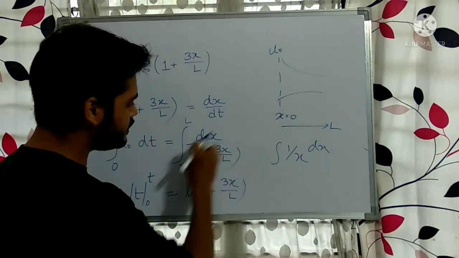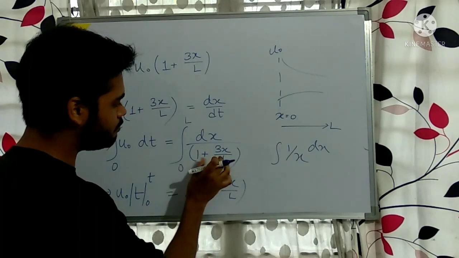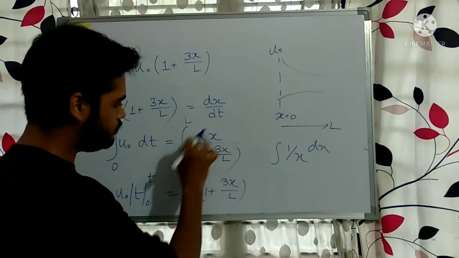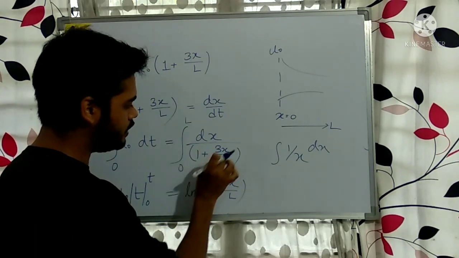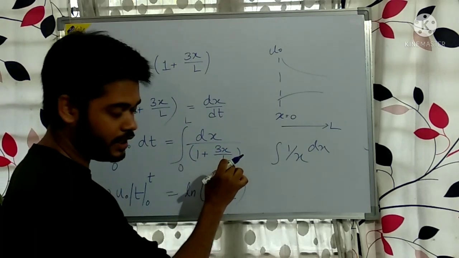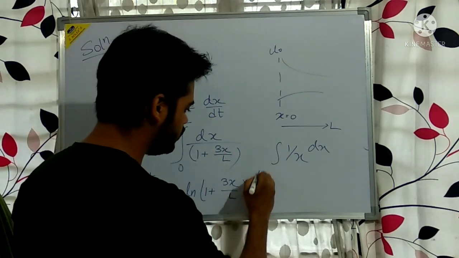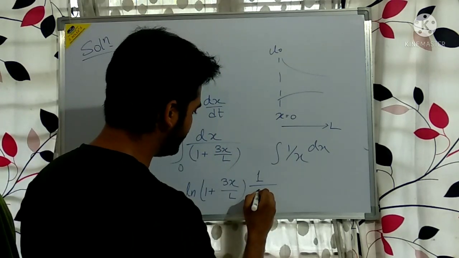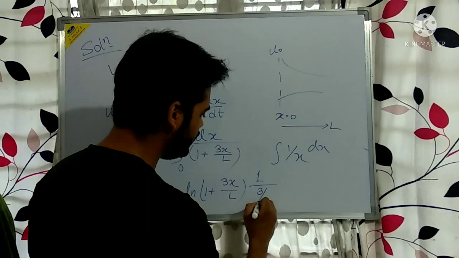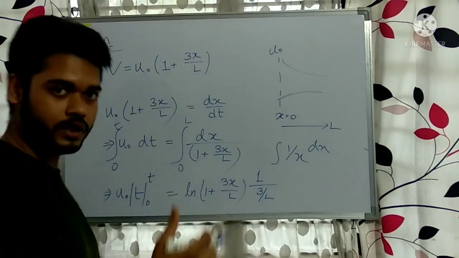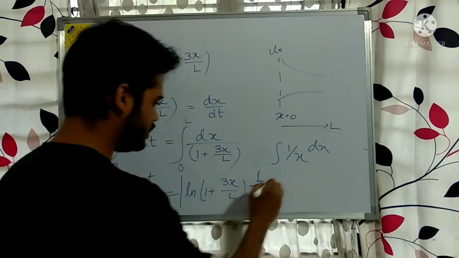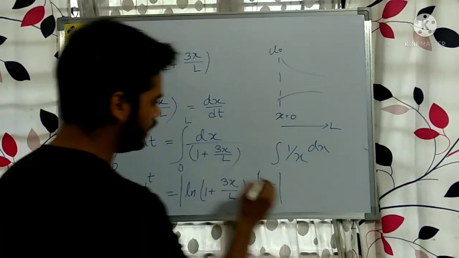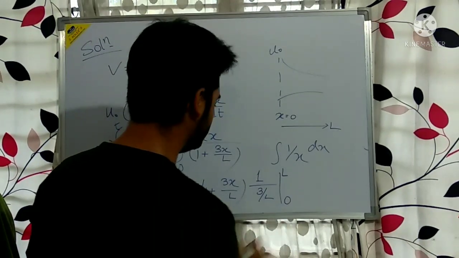Since this entire thing is not only x, we differentiate the term: d/dx of 1 is 0 and d/dx of the other term is 3 by L. Since it is integration, it will be written as 1 divided by (3 by L). This is the integration and its limits will be 0 to L.